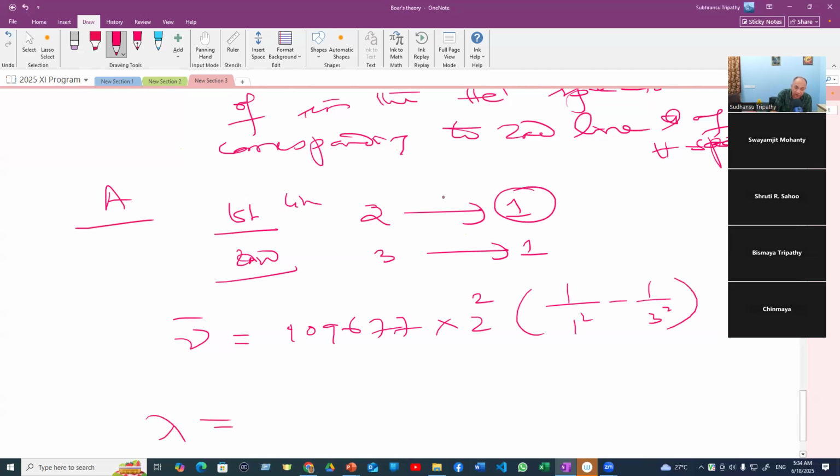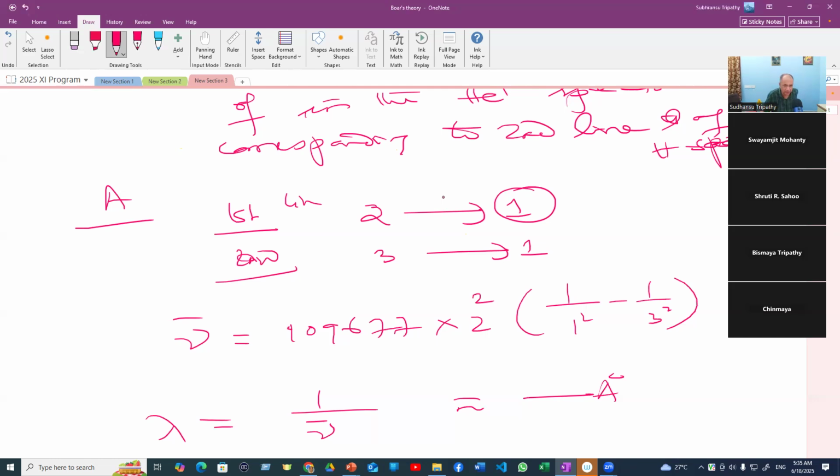Calculate lambda, which is 1 by nu bar, and convert it to angstrom. What is the value, and see in which region does it belong. I suspect it will fall in the UV region, because for the Li2+ spectrum, the same second line is coming close to the UV.